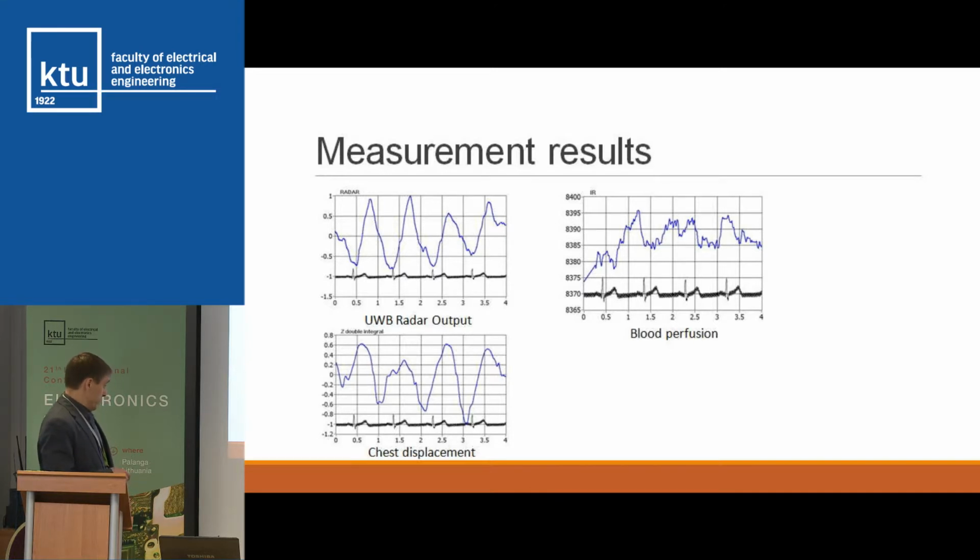And if we look now at the chest displacement signal compared to ECG, then we can see that chest displacement is actually not at the same time as ECG, and not at the same time as the radar output, which can show that the signal source is coming from somewhere else.